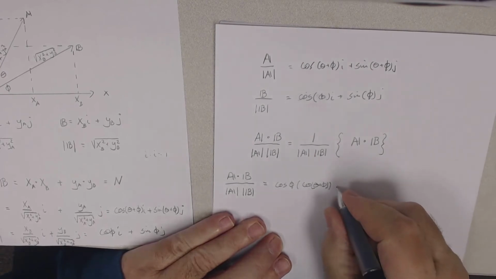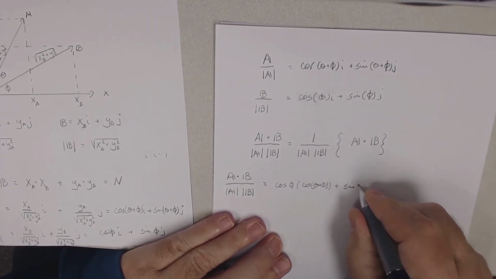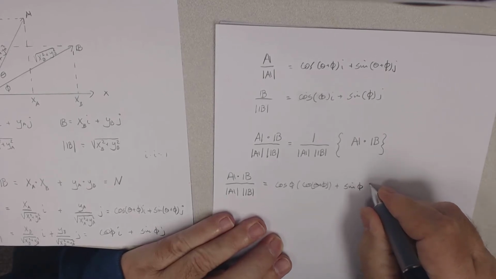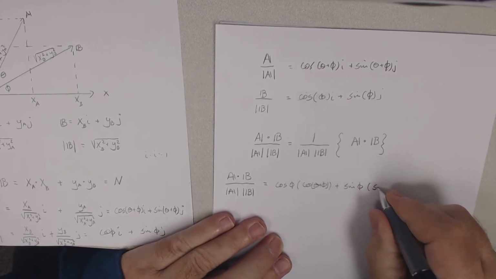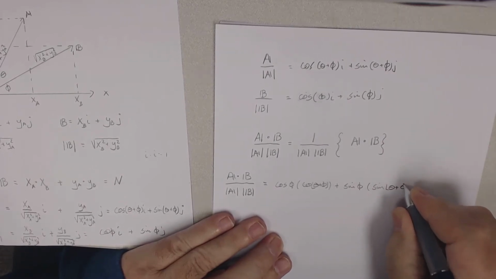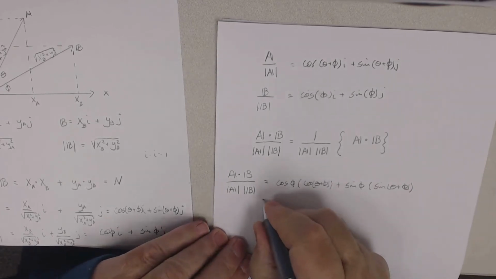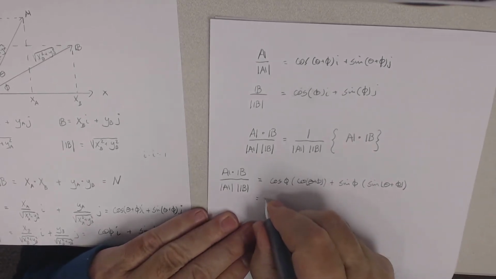And we have sine phi times sine of theta plus phi. But we use our identities now. We're going to have to utilize space here.